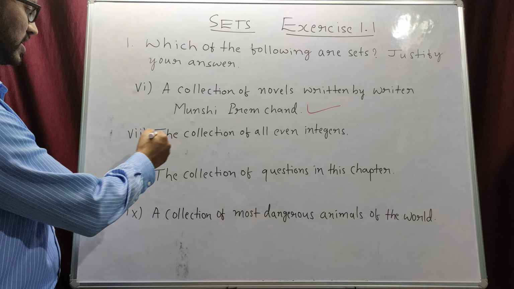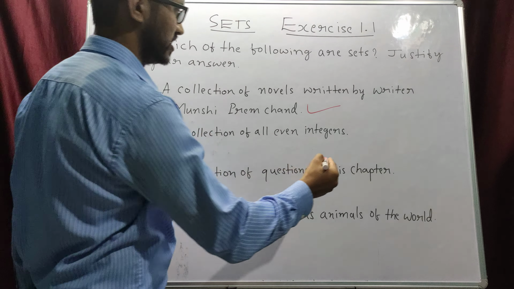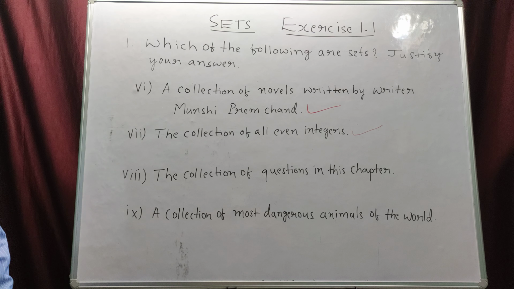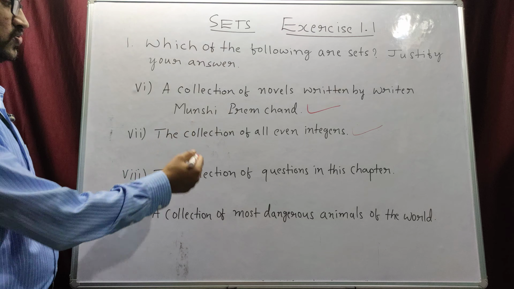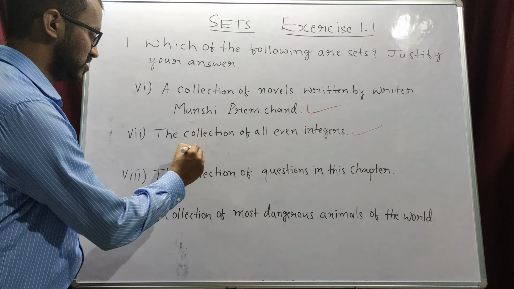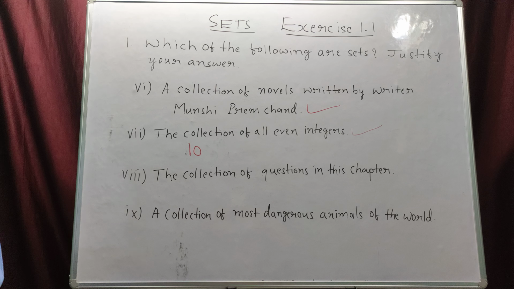Next one, again the collection of all even integers. So it is also a set. If you take any number, we can say whether that number belongs to this collection or not. Suppose I take 10, so 10 belongs to this collection of all even integers.